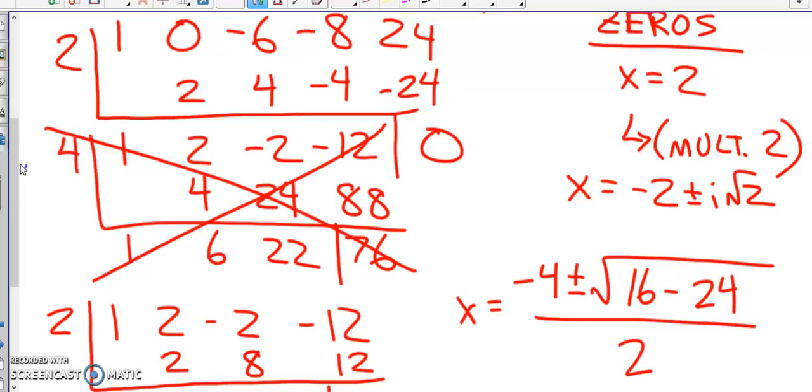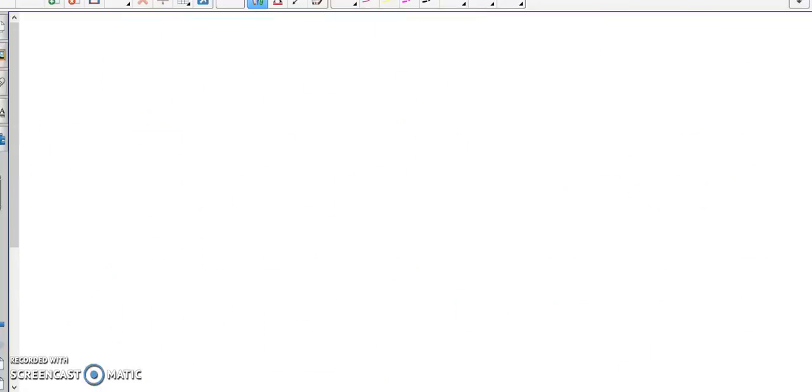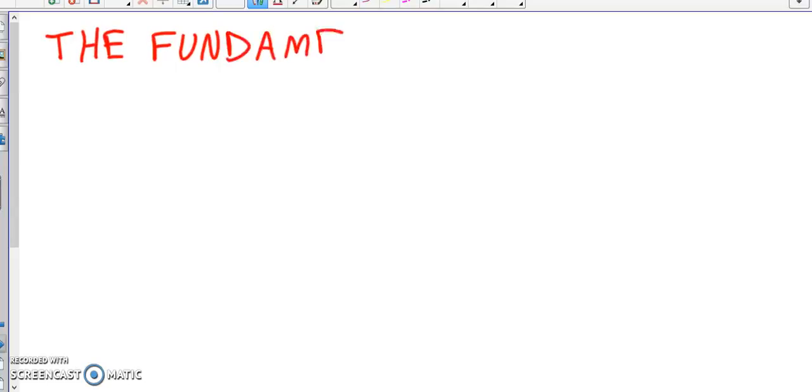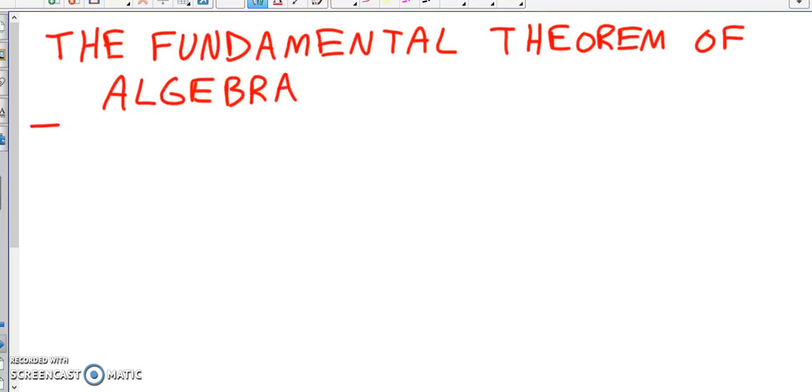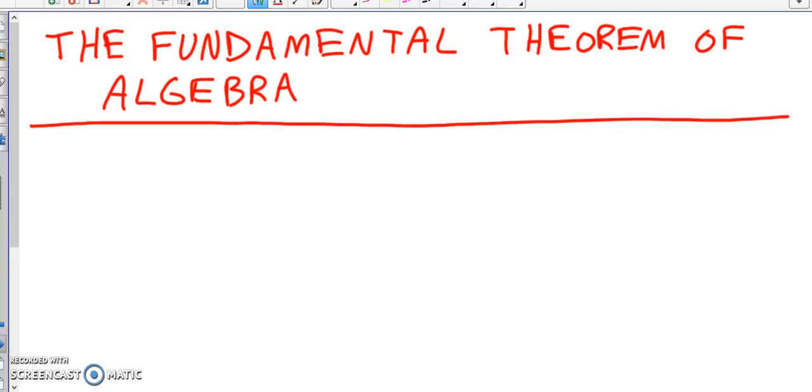And that's actually what's stated in the fundamental theorem of algebra. Whenever something says fundamental theorem, that's when you sit up and pay attention, because that's like whoa dang important.